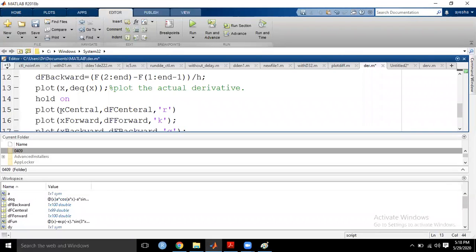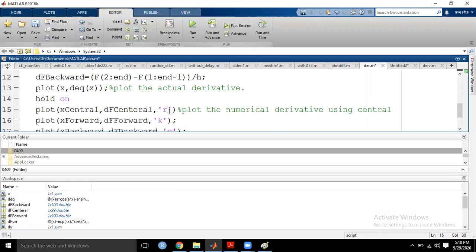Next, here I am going to plot the numerical derivative using central scheme and so on.